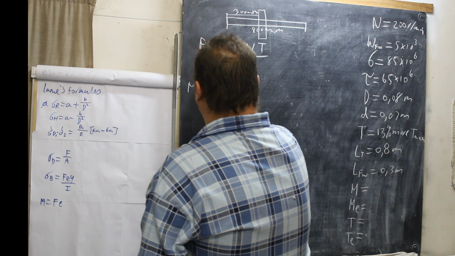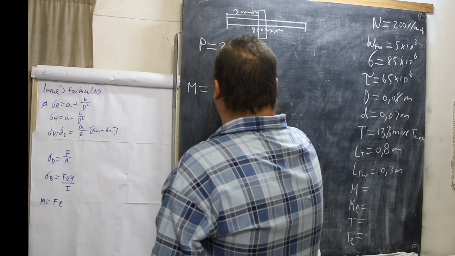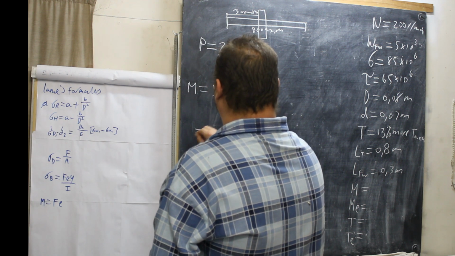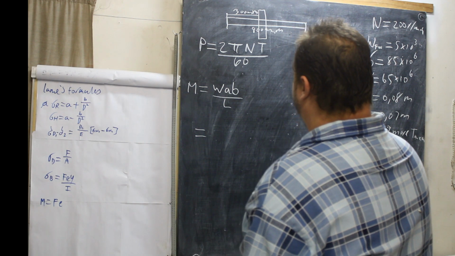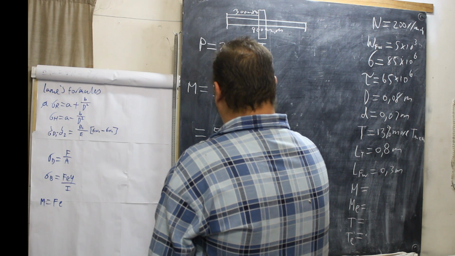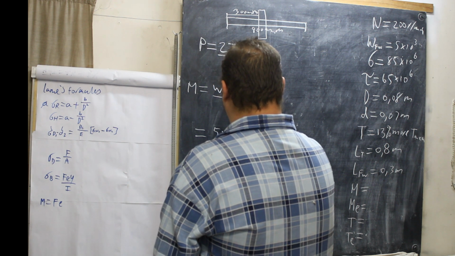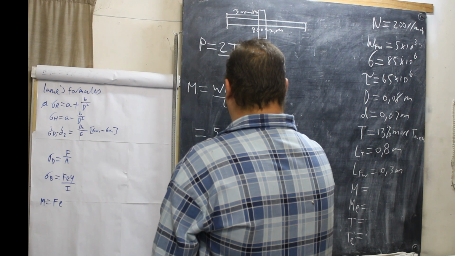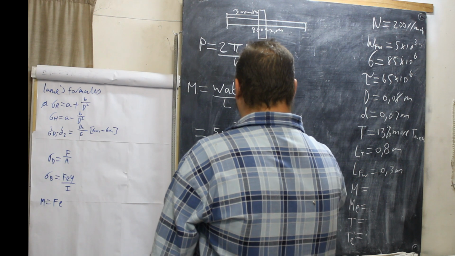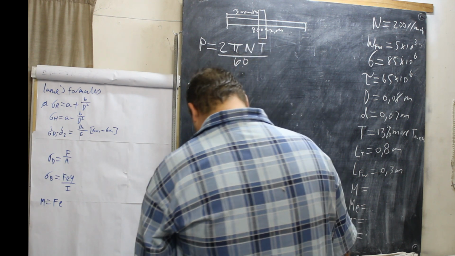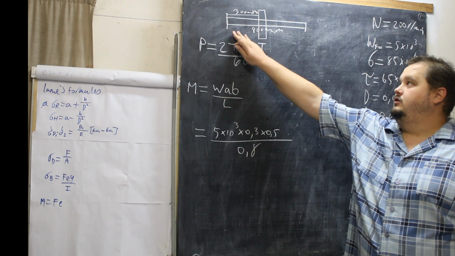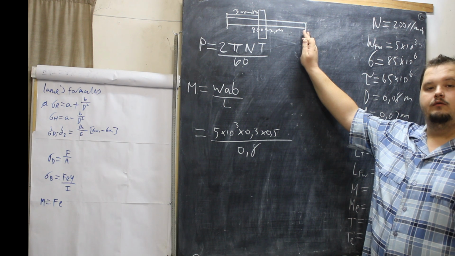In order to do that, we need M. So, M equals W a b over L. This will be our weight, which is 5 times 10 to the 3, times 0,3 times 0,5 over 0,8. 0,5 is what's left over because you're doing the full length of your shaft.